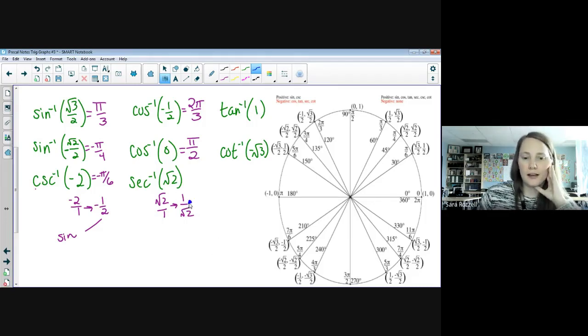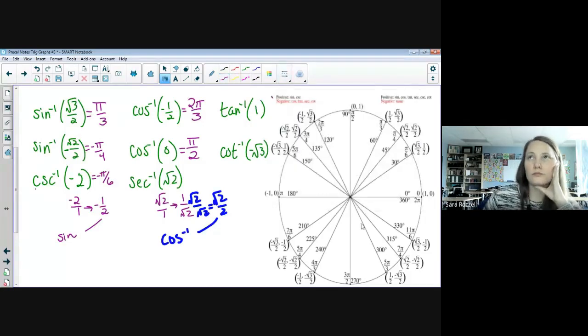I need to multiply by root 2 over root 2. So I'm looking for root 2 over 2. So since it was secant, I'm looking for when cosine is root 2 over 2. So when is cosine root 2 over 2? At pi over 4.